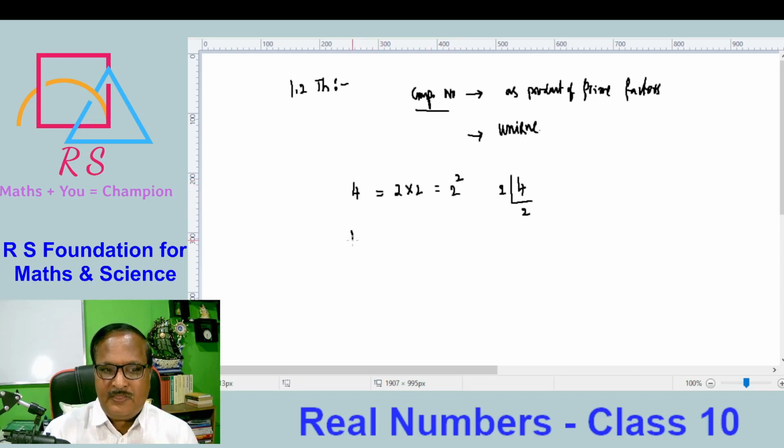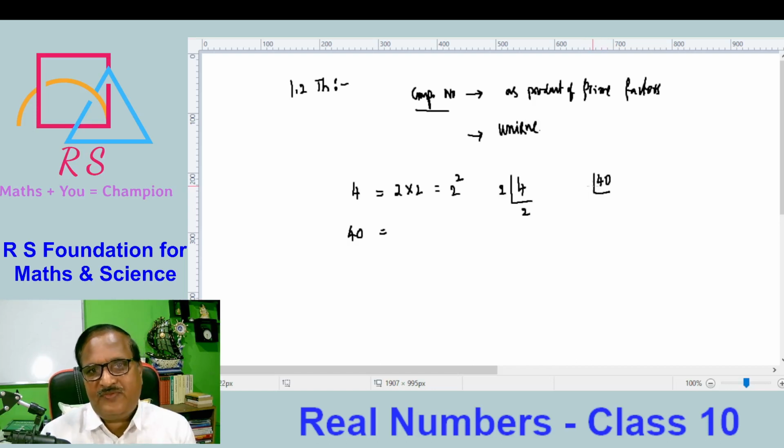For example, 40. Now how do we factorize 40? Again, this is a continuous division process. You take the smallest prime number which divides 40. So 2 is the smallest prime number which divides 40. So 2 20s are 40. Again take one more prime number.